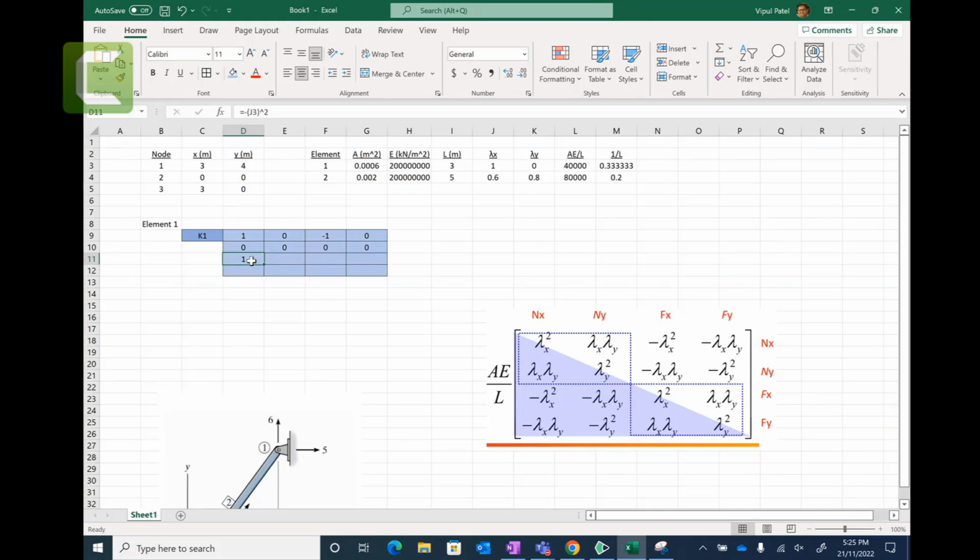Why is it not coming up minus, please? Come on. Oh, because I put the bracket before, so square and then bracket like this. Perfect. And then you have minus lambda x times lambda y equal to lambda x square.